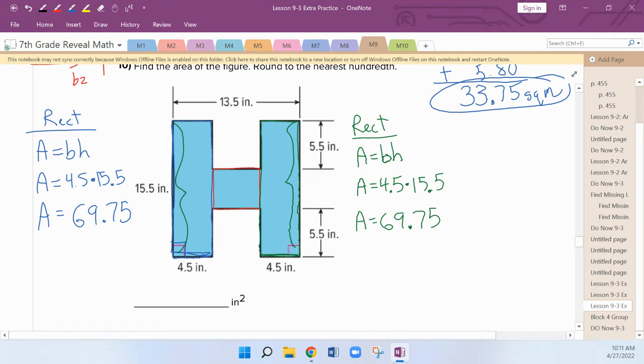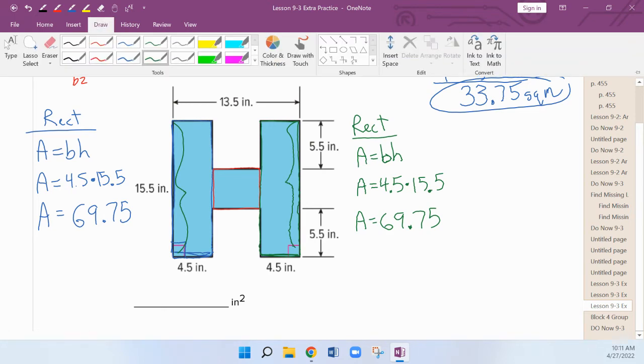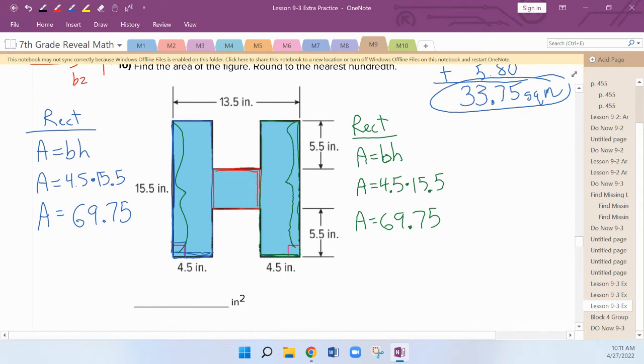So those two are the same, and then we're going to do this middle part, and it's a little tricky, because it doesn't give us any of these dimensions. We don't know this, and we don't know this. So how are we going to get those? Well, let's look at the horizontal lines to help us with that. We know that all the way across is 13.5. We know that this and this are the same, 4.5 and 4.5.